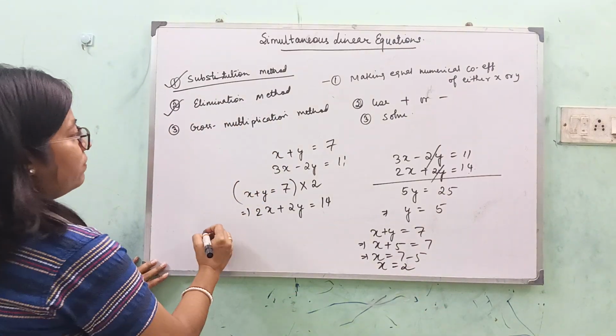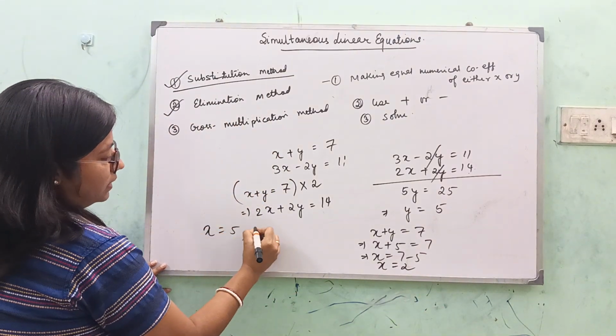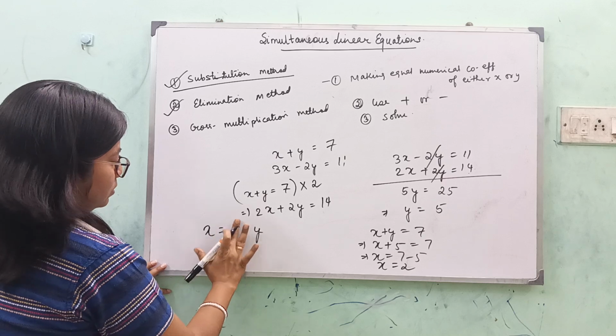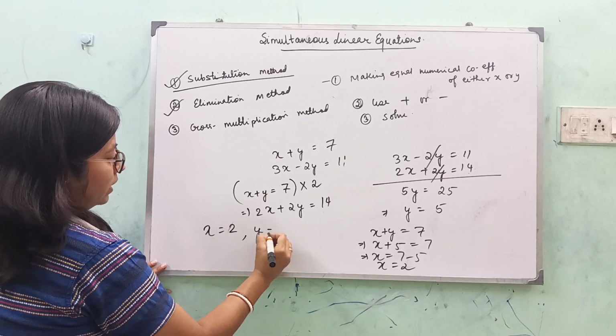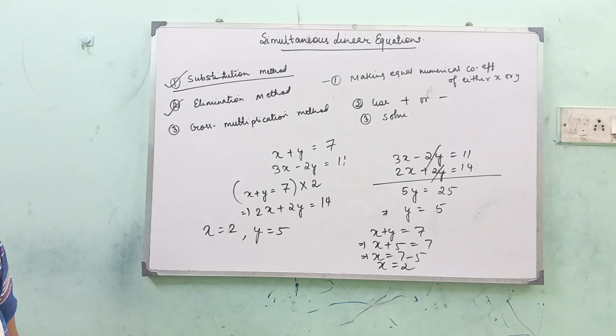So x is 5 and y is... x is 2, y equals 5. Okay.